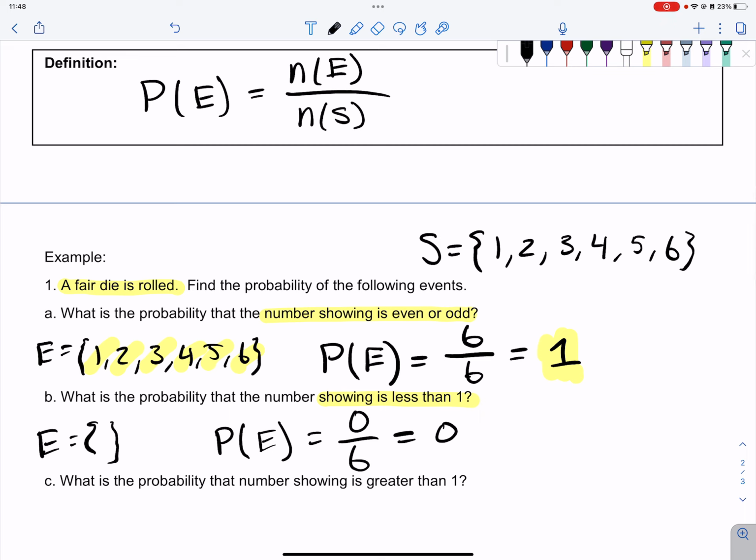And then lastly, what is the probability that the number showing is greater than 1? So now this event, I'm going to take all of my outcomes from my sample space that are greater than 1. So we have 2, 3, 4, 5, and 6.